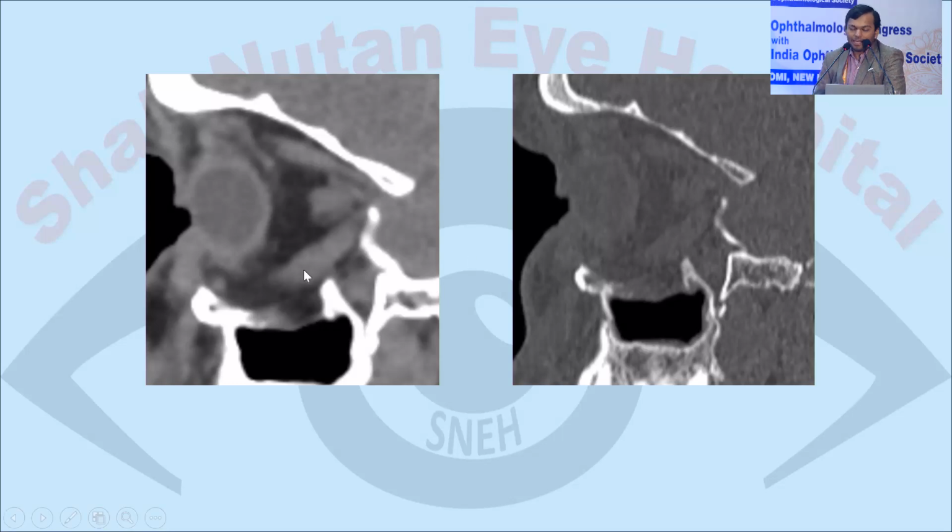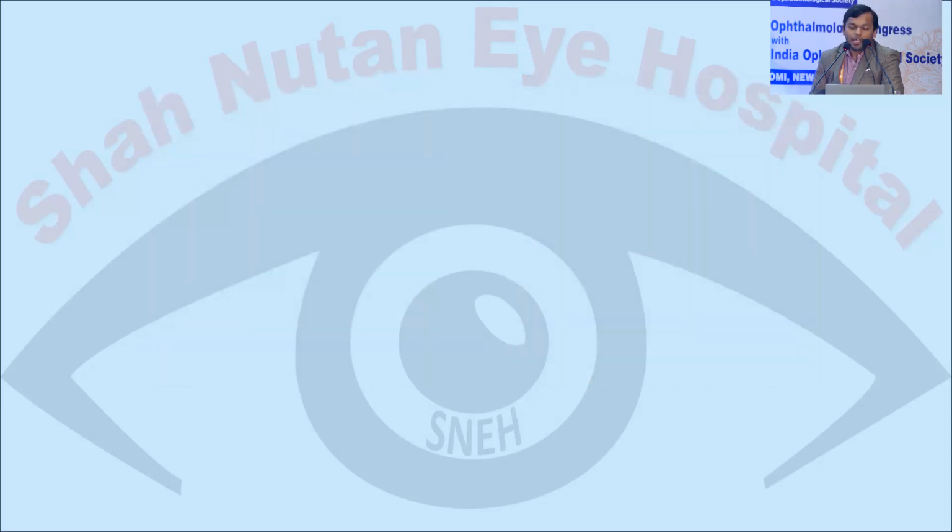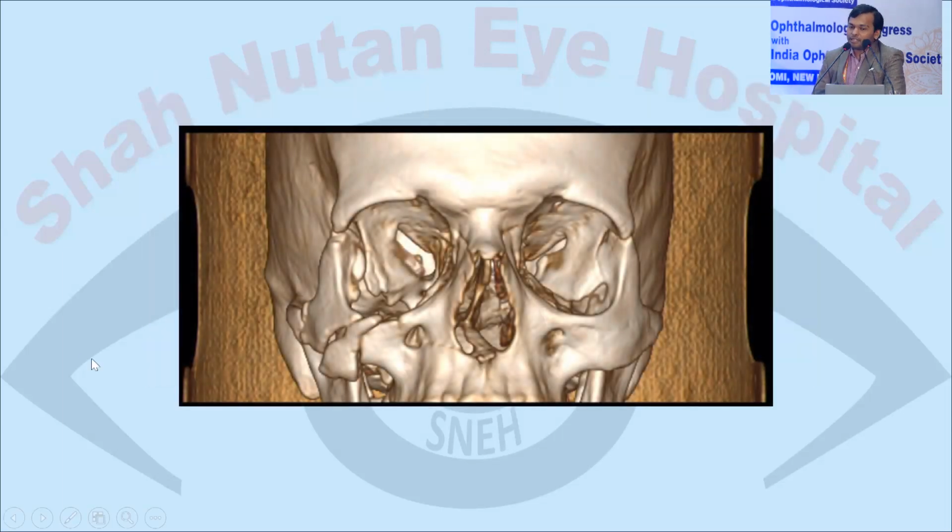We can also see that the inferior rectus muscle is sagging, which would suggest a possible entrapment of the sheath of the inferior rectus muscle in these cases. And 3D reconstruction, again very essential, because this is what we are going to see when we open up the patient.